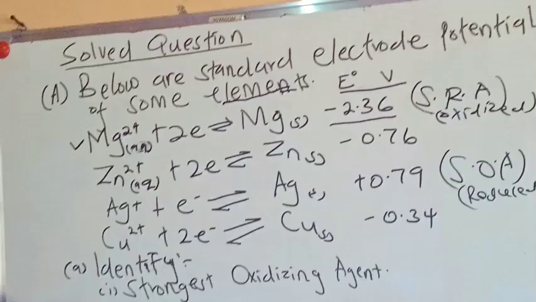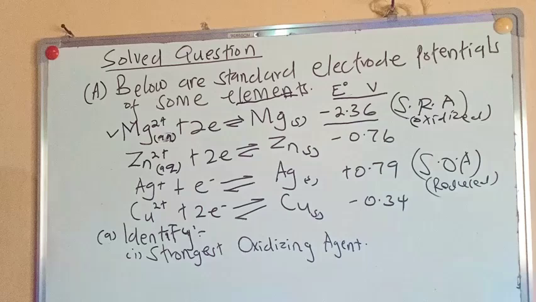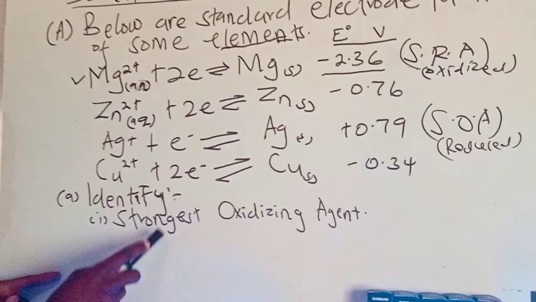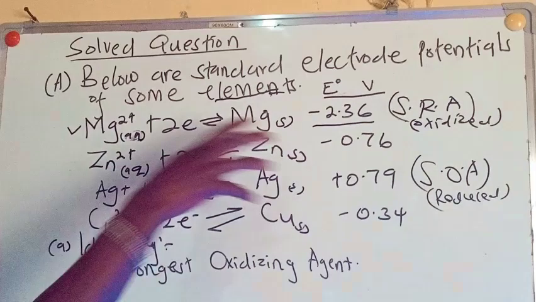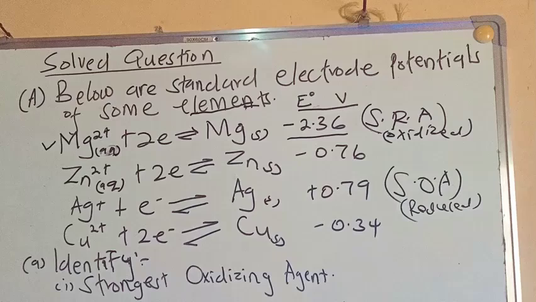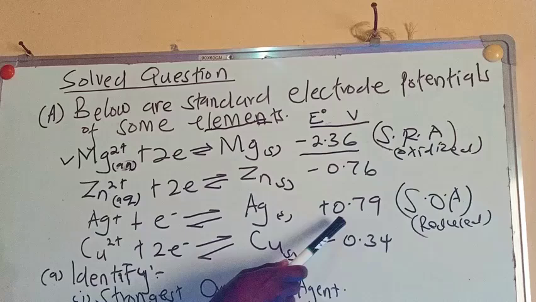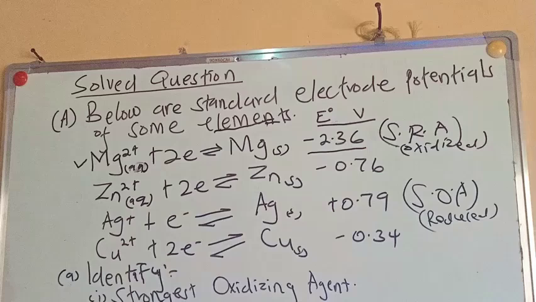Now we come to our question. Question A, Roman 1: identify the strongest oxidizing agent. The question becomes very easy because you have already analyzed the data given there. The strongest oxidizing agent is silver, with a positive 0.79. You just write silver, Ag.